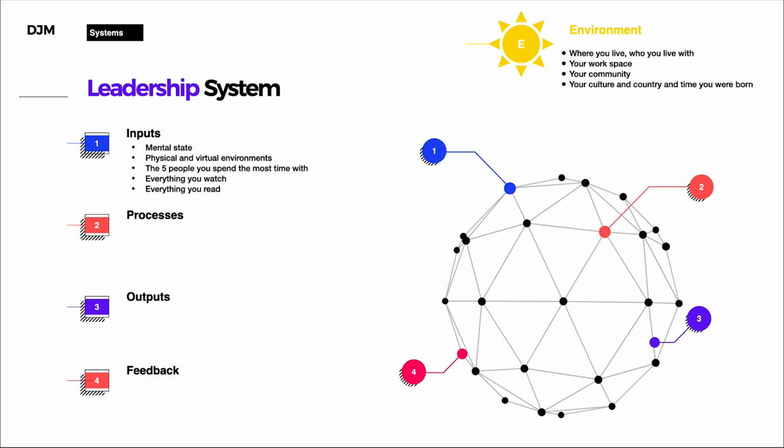And the processes of the leadership system are your workout routine, your diet, so everything you're eating, your study routine, so what is it that you're getting into to improve your mind, your personal habits, your schedule, what is it filled with, your social interaction, your friends, your community.